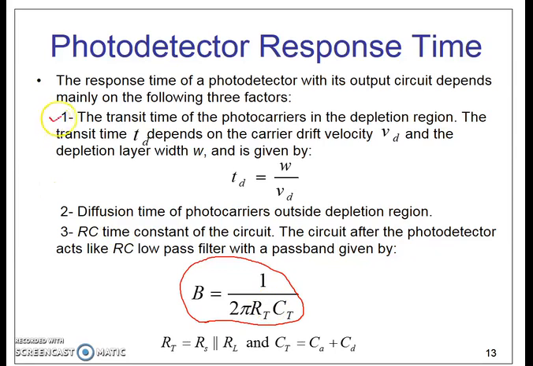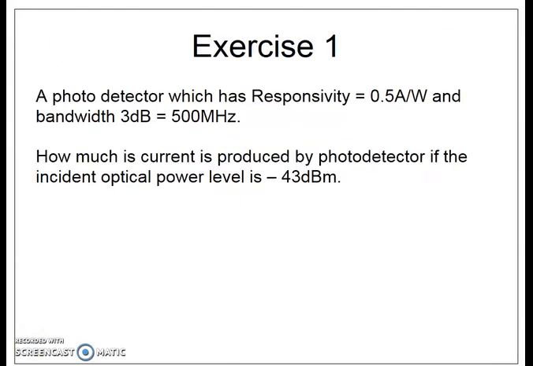Number 1, transit time of the photocurrent in the depletion region. Then diffusion time of a photocarrier outside the depletion region, and then the RC time constant of the circuit. This is the important factor that defines the response time of a photodetector.